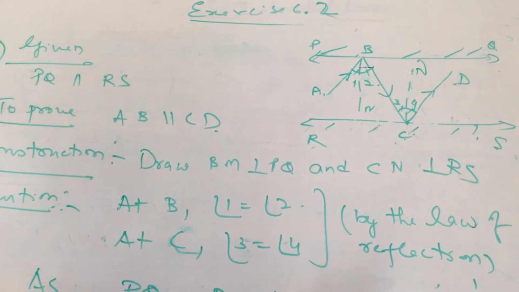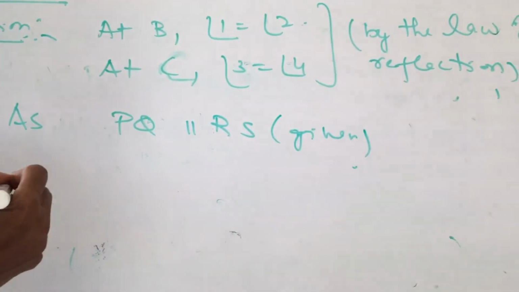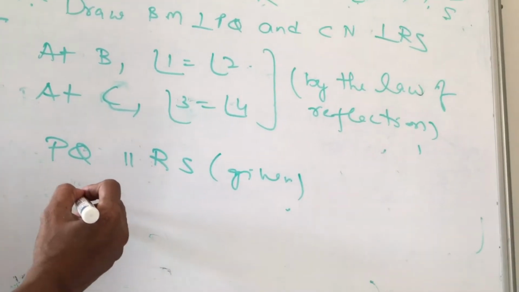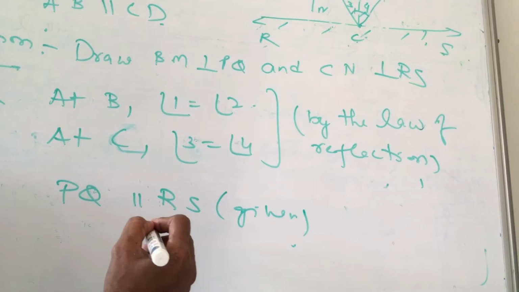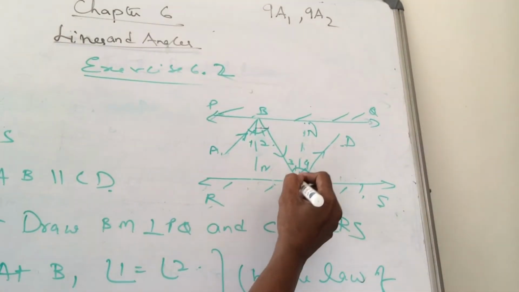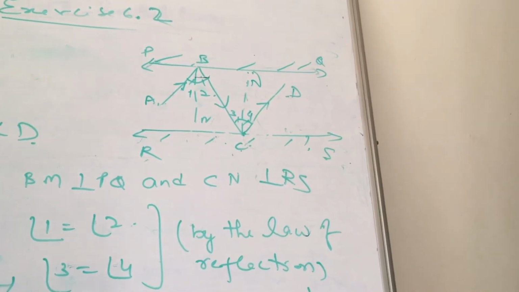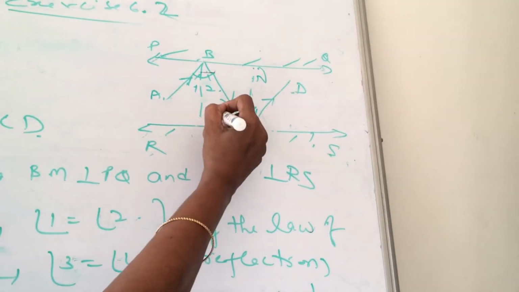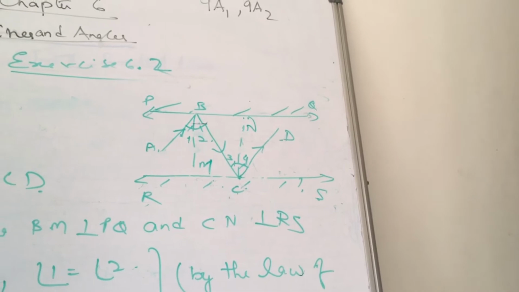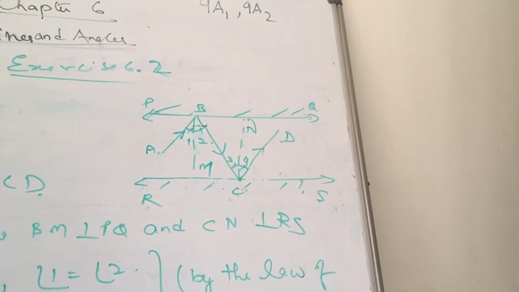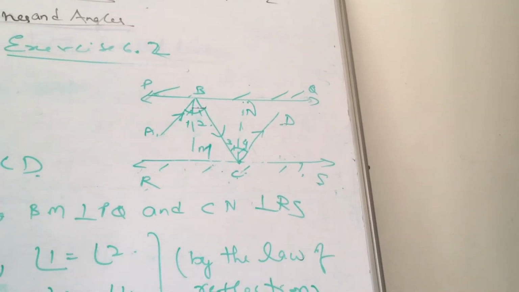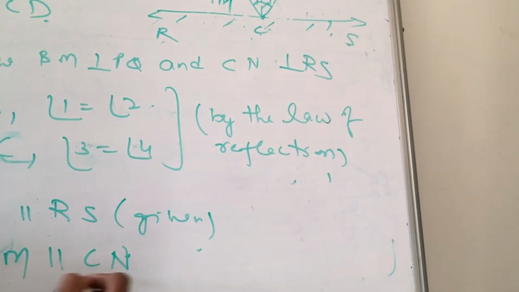Why? It is given. If PQ is parallel to RS, it implies that BM is parallel to CN.